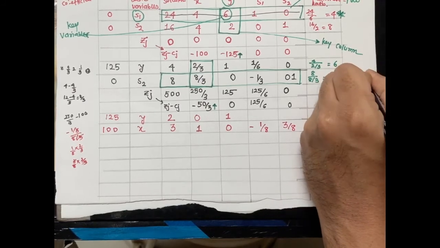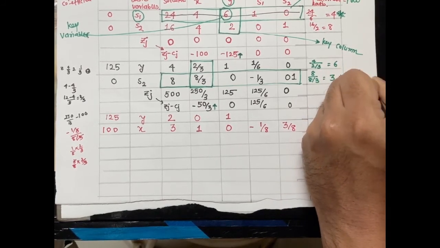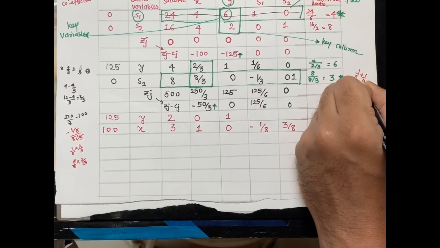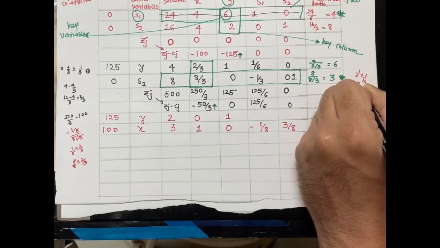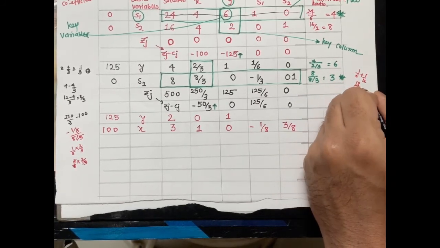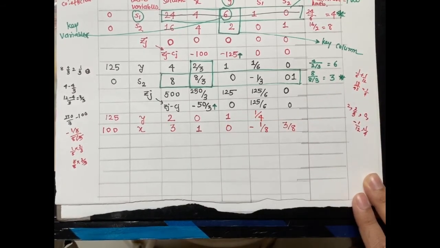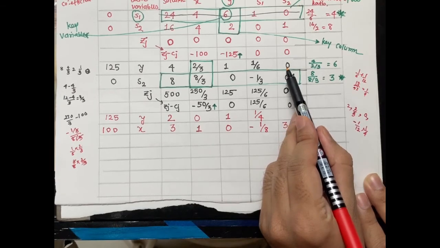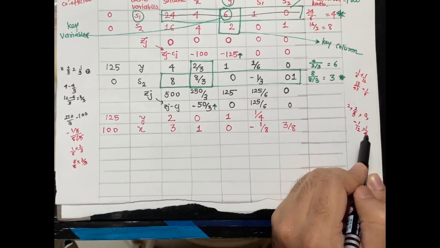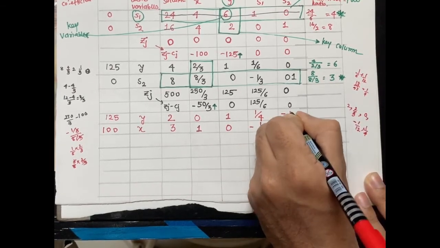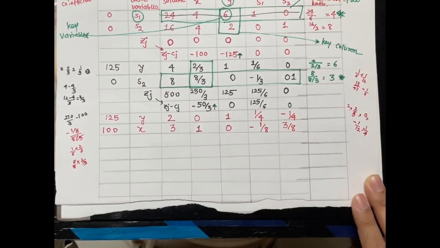So 1 by 6 plus 1 by 12 gives me 12 plus 6, 18 divided by 72. So it gives me 1 by 4. And 0 minus 1 by 4 gives me minus 1 by 4.